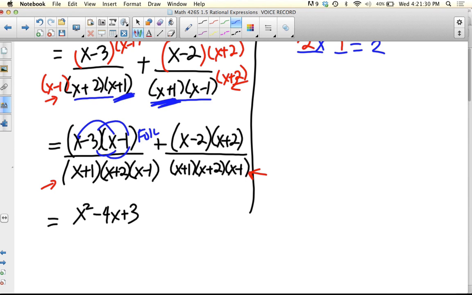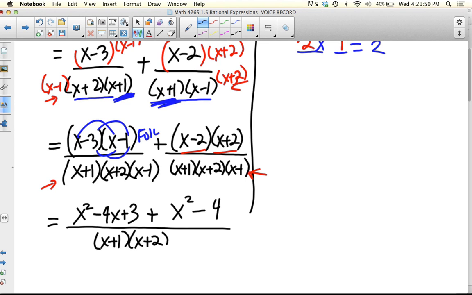Okay, you're going to end up with x squared minus 4x plus 3 plus, over here, this is a nice special identity, right? That's kind of like your difference of squares. So it's x squared minus 4. Okay? So this is all over x plus 1, x plus 2, x minus 1.